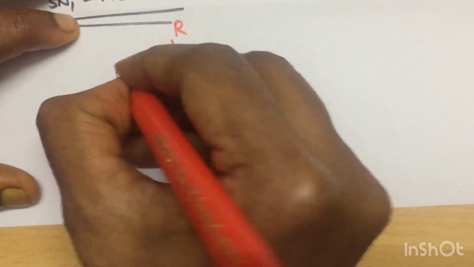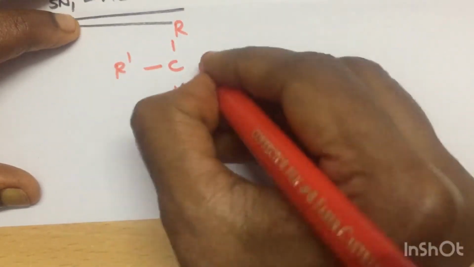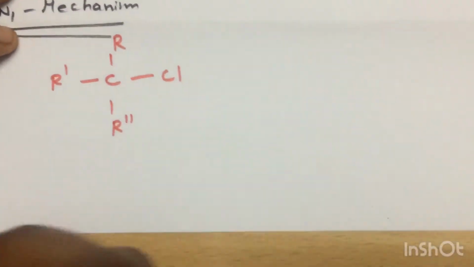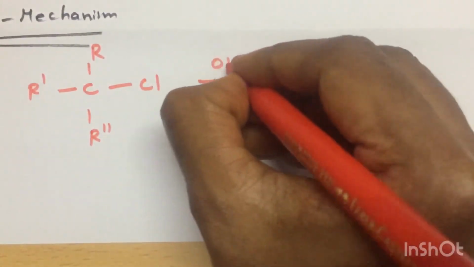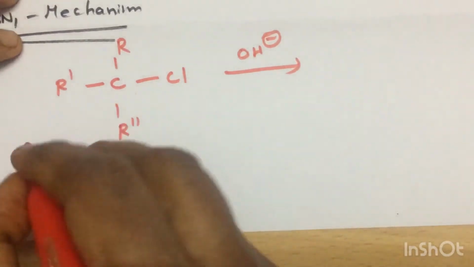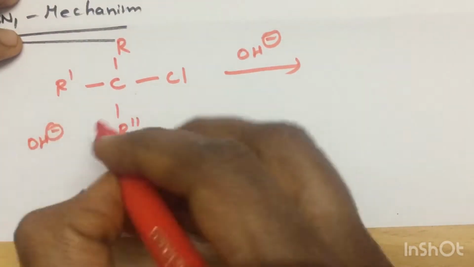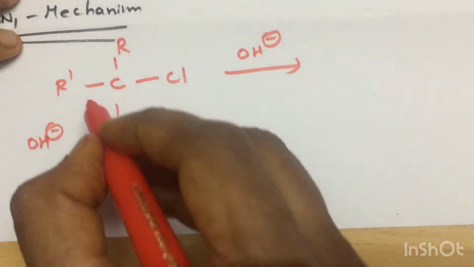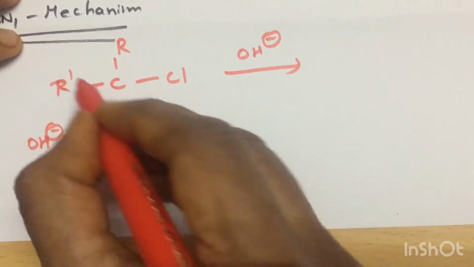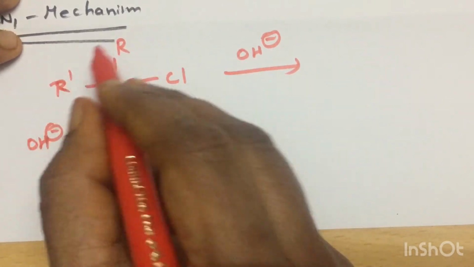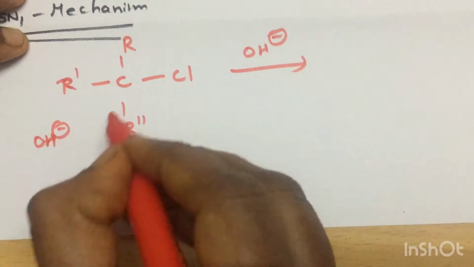See, R, R', R'' are all alkyl groups. So this is an alkyl chloride. Here the OH minus will come and see whether it can attack the carbon or not. But since the carbon is fully surrounded with the alkyl groups, this hydroxyl group cannot reach this carbon.